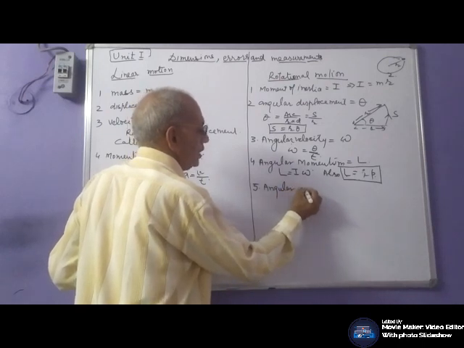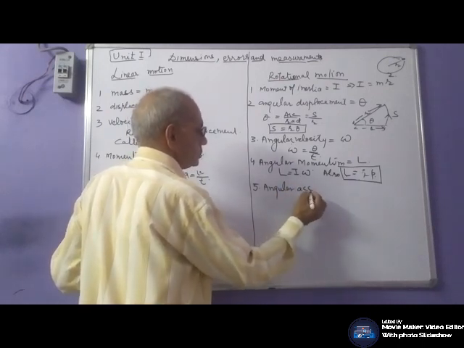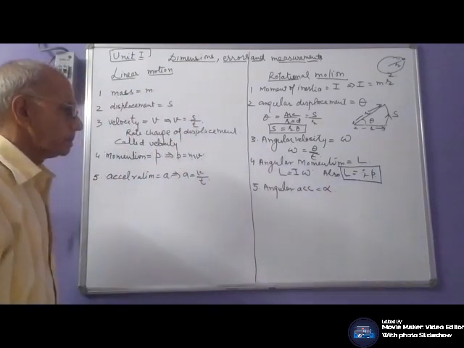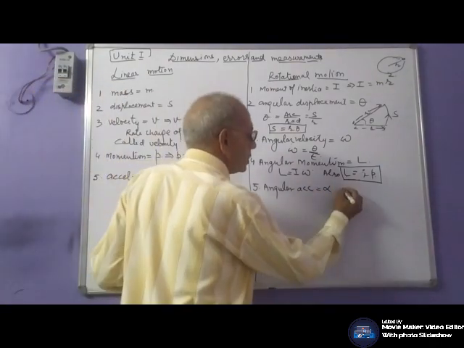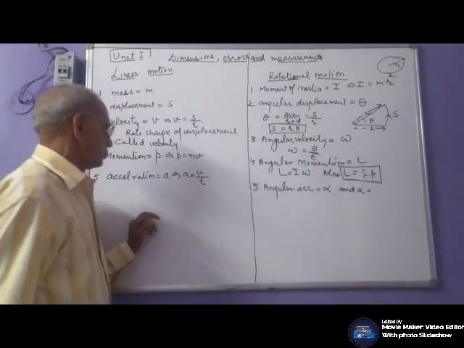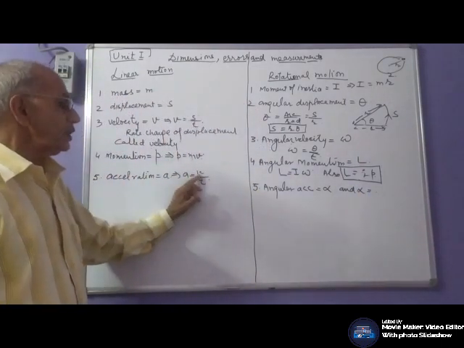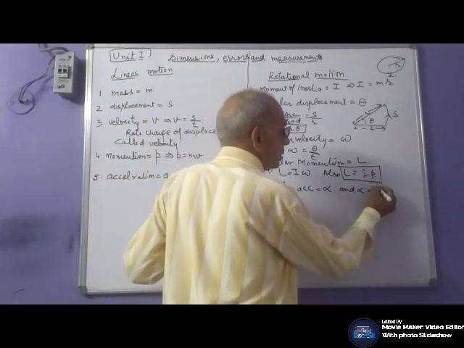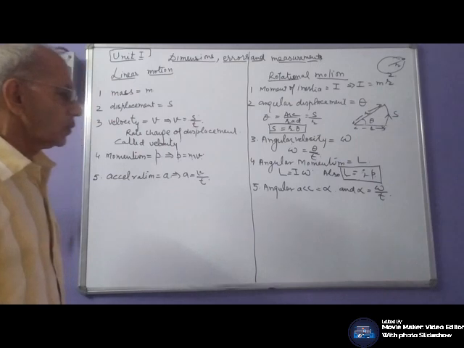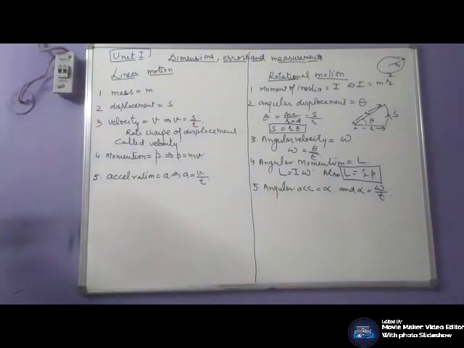Angular acceleration, it is alpha. And alpha: a is V by T, so alpha is omega by T, angular acceleration.